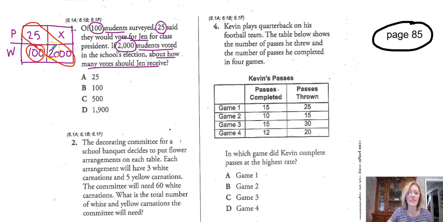We could consider this just a 2. What is 2 times 25? It's 50. But we have 3 zeros behind that 2. So that means I need to put my 3 zeros behind that 50. I take the leftover piece here, and it's the item that I'm going to divide by.